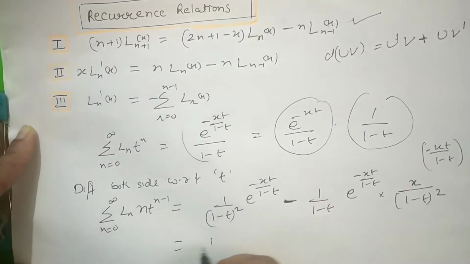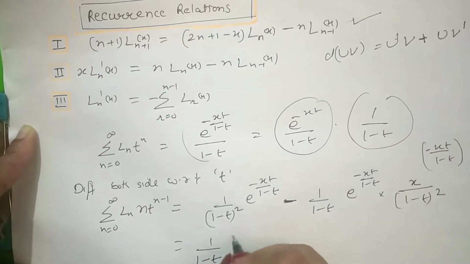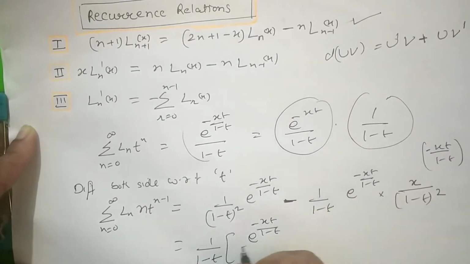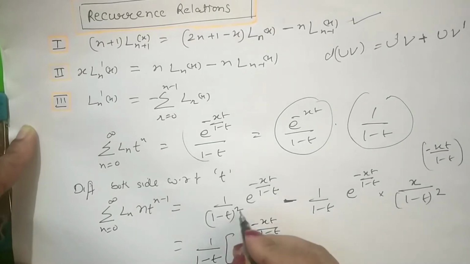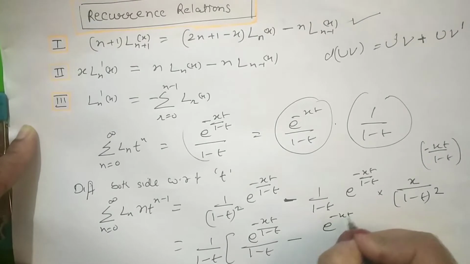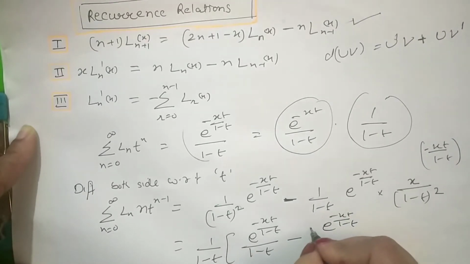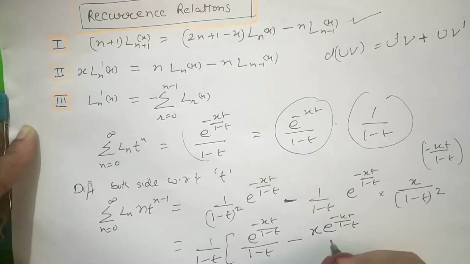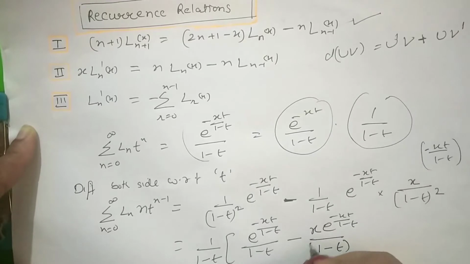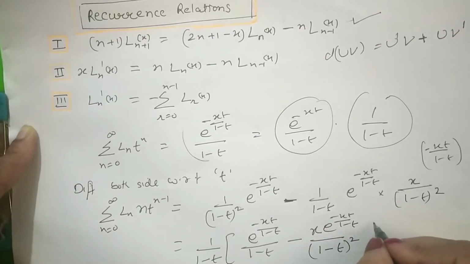Now we can just take 1 minus t, which exists in both of these, common. It is e raised to power minus xt upon 1 minus t upon 1 minus t, one power is here. On the other term, we have x here and 1 minus t whole square, right?